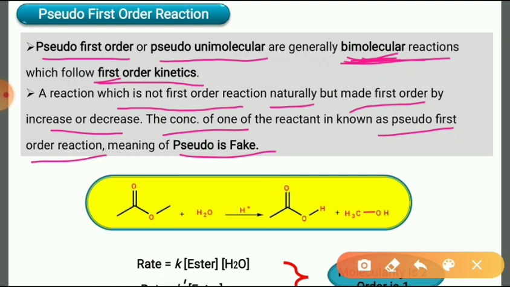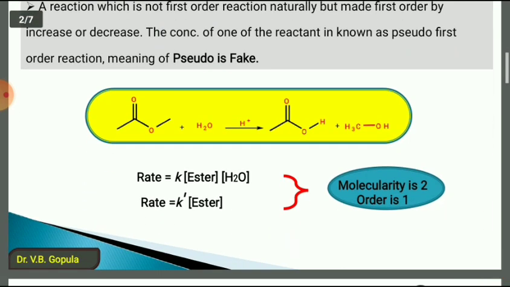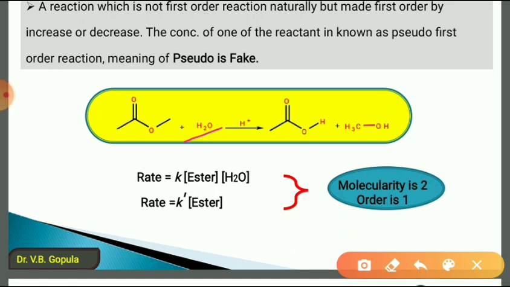Here we have taken one example, that is acid hydrolysis of methyl acetate, or ester. Two molecules are taking part in the reaction, a water molecule as well as methyl ester, that is methyl acetate, to give the product acetic acid and methanol as a side product.